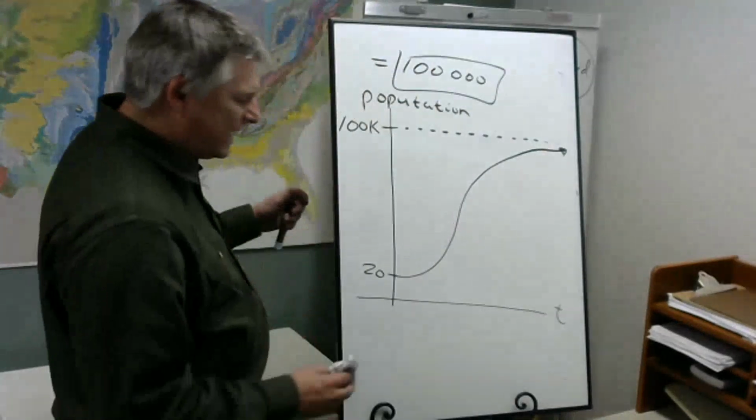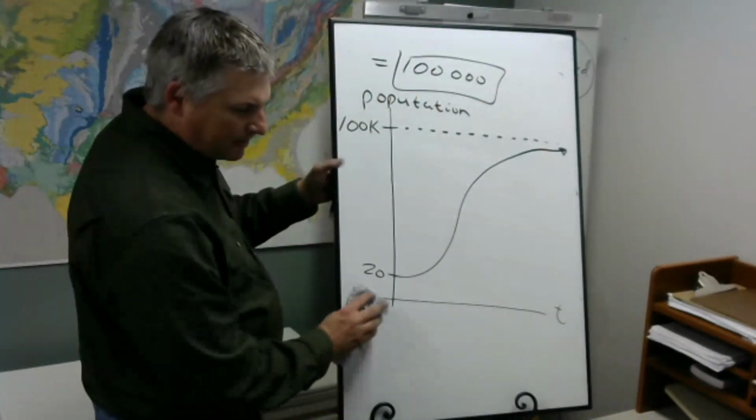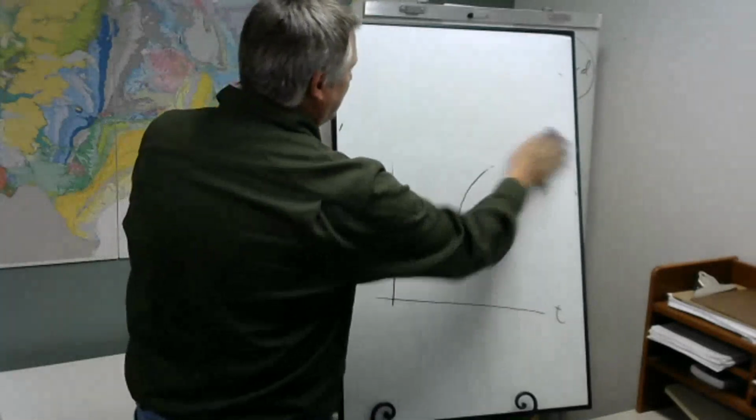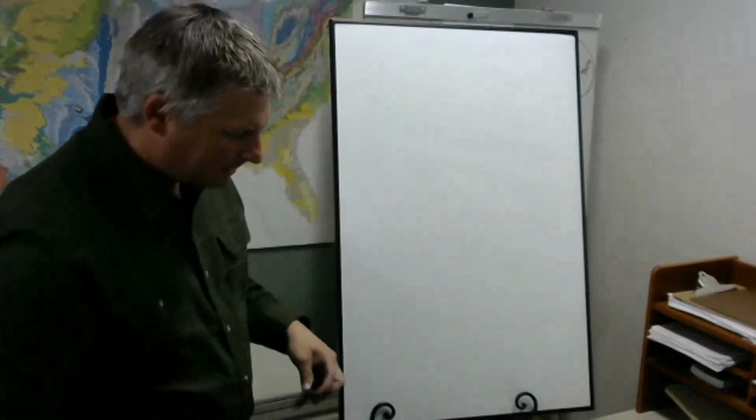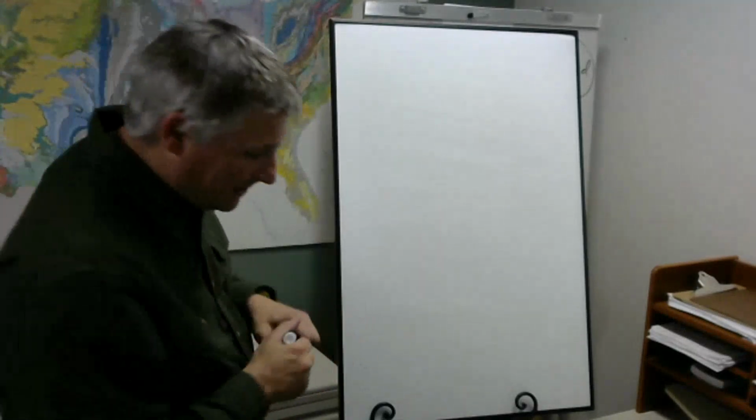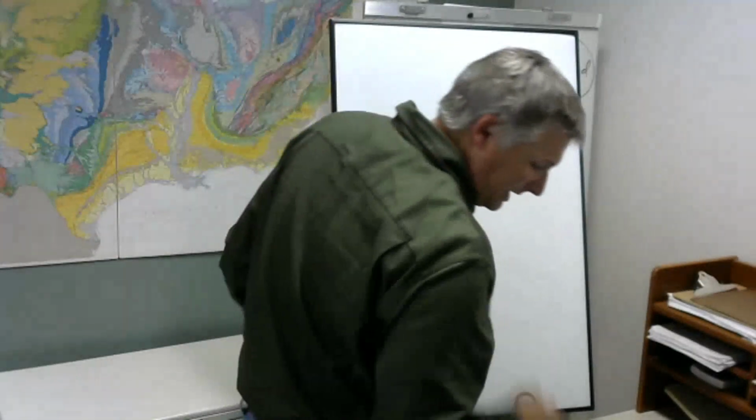So the last sort of technical thing in this section is about rewriting exponential functions in a form that's base e. So the idea is this.